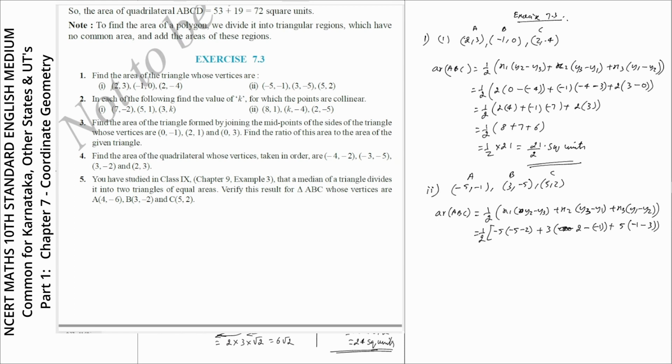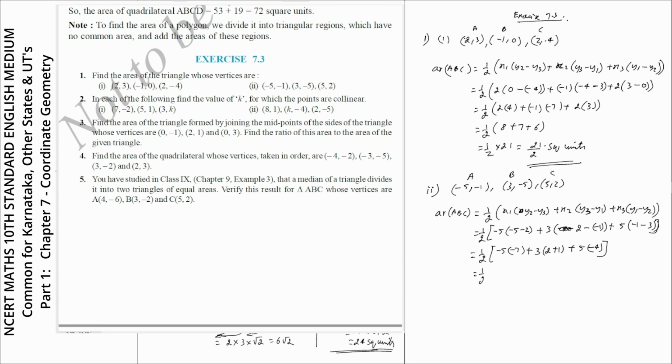Okay, now this is equal to half. So minus 5, minus 5 minus 2 is minus 7, plus 3. 2 minus of minus 1 is 1. 2 plus 1, I'll get. So that is 2 plus 1. One more step I'll write. Plus 5. So minus 3, minus minus 1 minus 3 is minus 4.